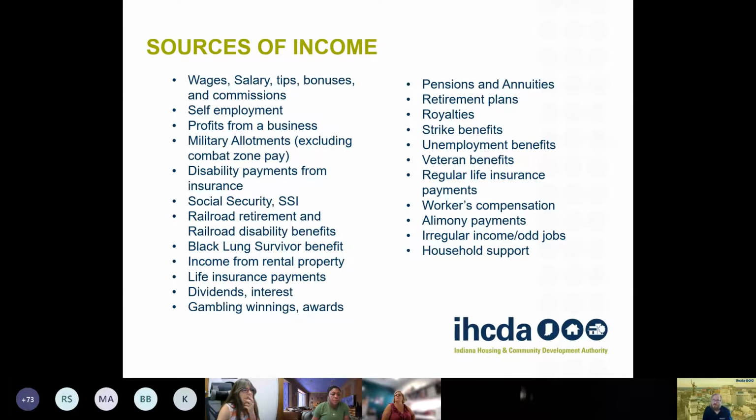Disability payments from insurance, Social Security, SSI, railroad retirement, railroad disability benefits, Black lung survivor benefits, income from rental property, life insurance payments, dividends, interest, gambling winnings, awards, pensions and annuities, retirement plans, royalties, strike benefits, unemployment benefits, veteran benefits, regular life insurance payments, workers' compensation, alimony payments, irregular income or odd jobs, and household support.